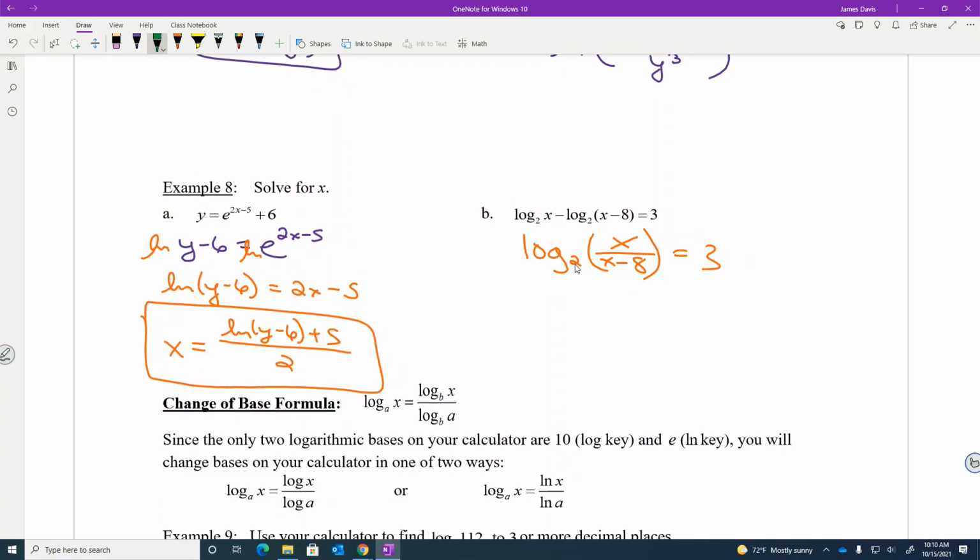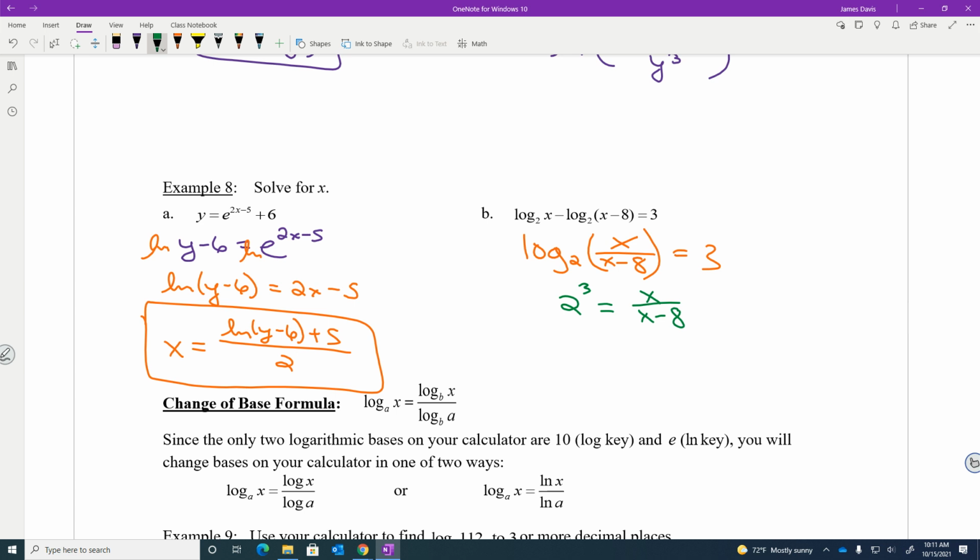So we're going to do 2 to the what? 2 to the third equals x over x minus 3. So let's change it from logarithmic to exponential. That makes sense by then?